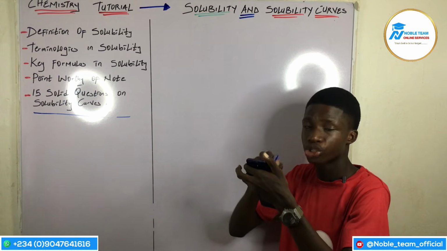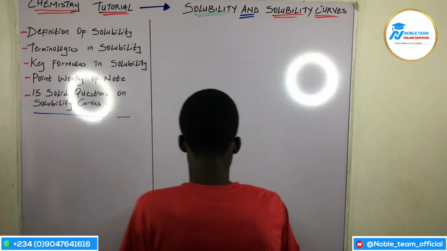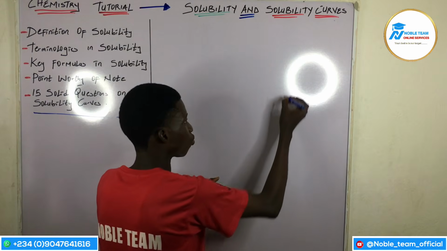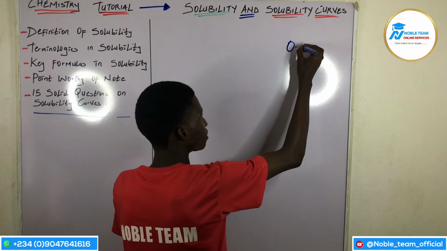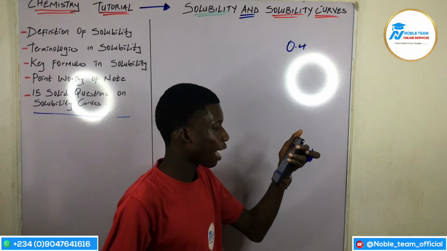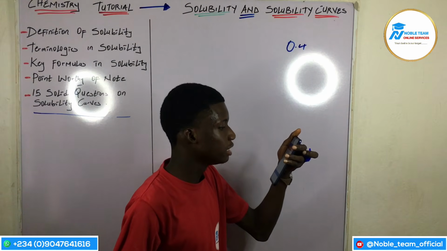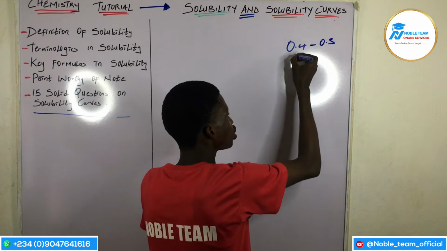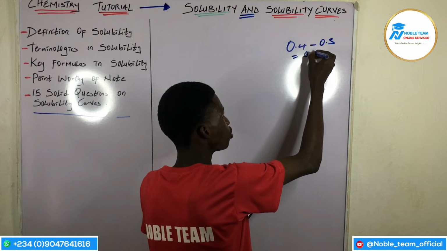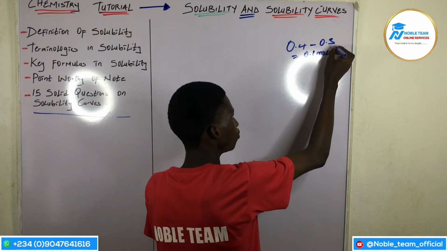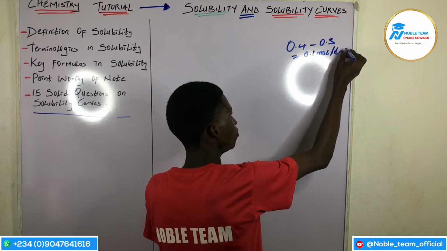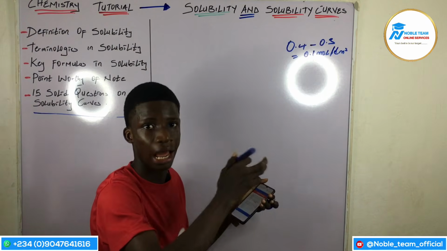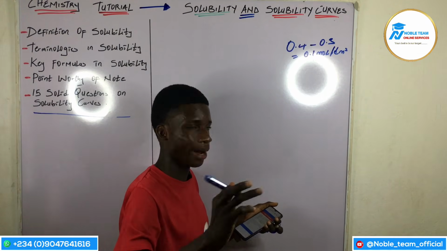You will see that the solubility is 0.4. Then we also have the one of 40 located at 0.3. Once you subtract this, you have 0.1 mole per dm cube. You can see that we have gotten our solubility in mole per dm cube.